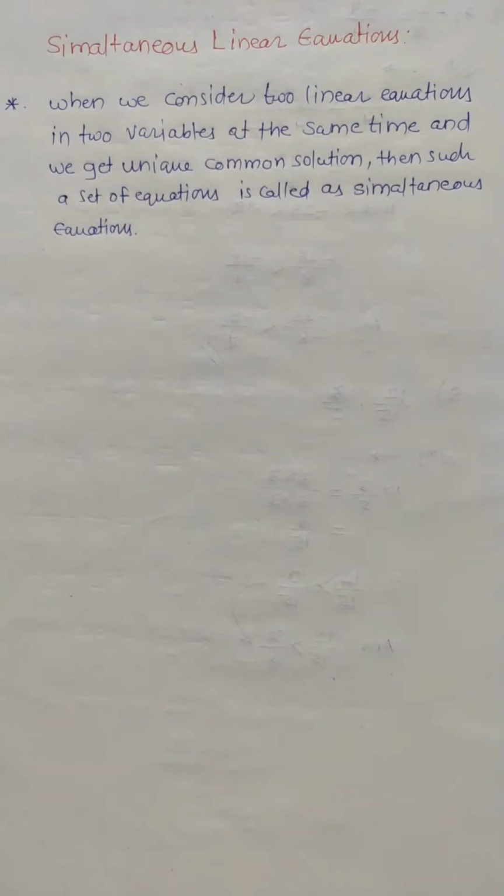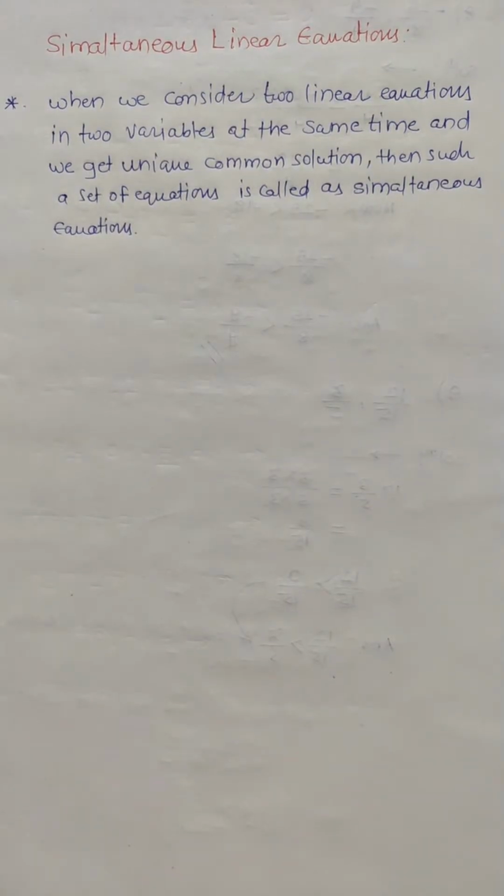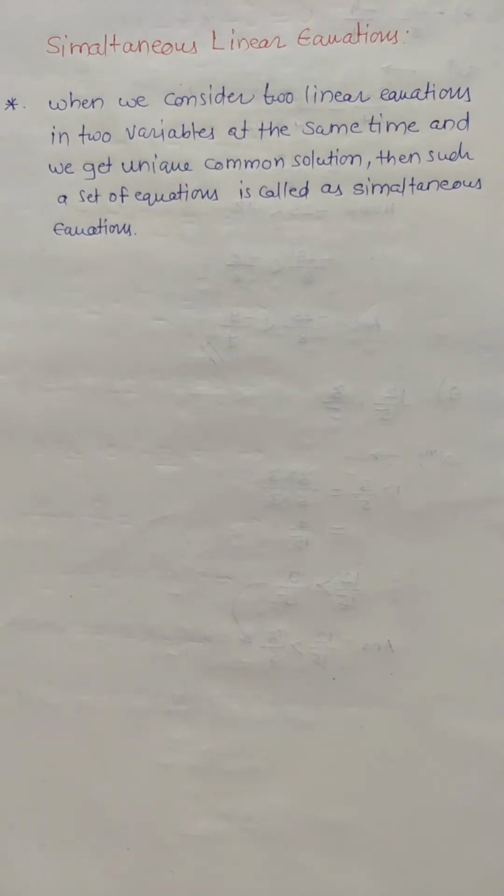The equations in which we have to solve both equations at the same time and we get the unique common solution, such a set of equations is called simultaneous linear equations.